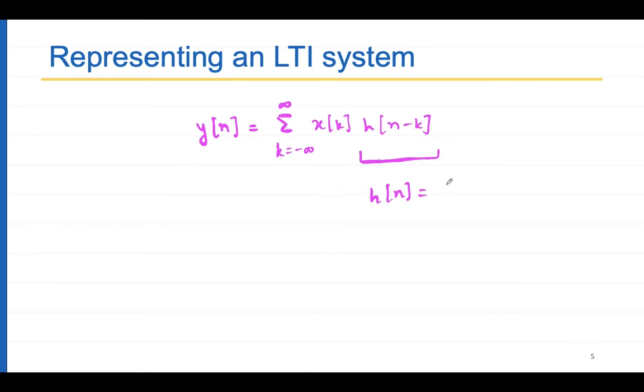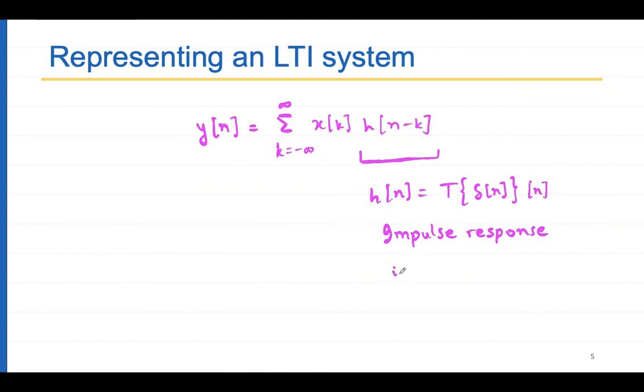So you can see here h of n is simply the transformation of delta n. So this is my h of n. This is called the impulse response, because this is the response of the system to a unit impulse input.